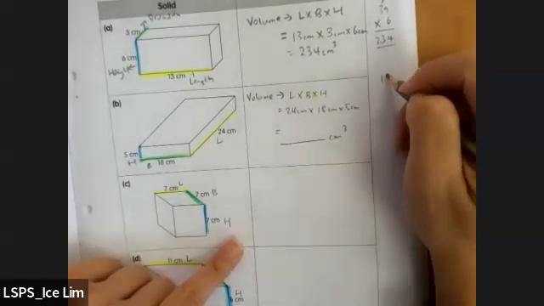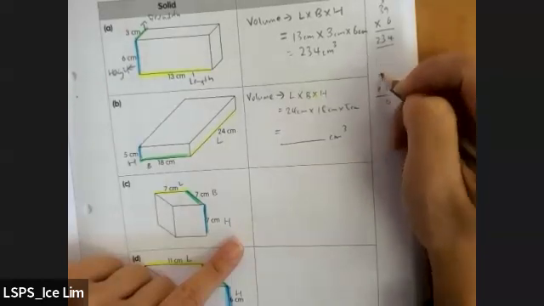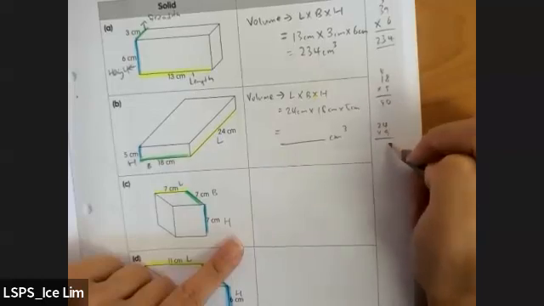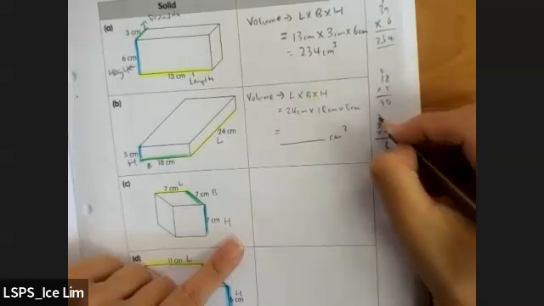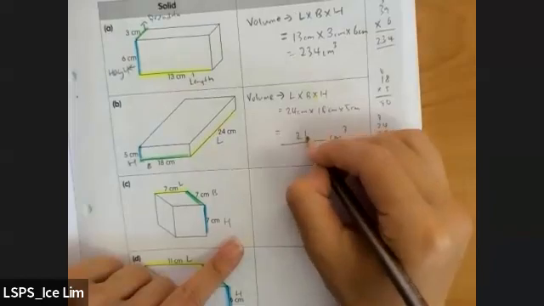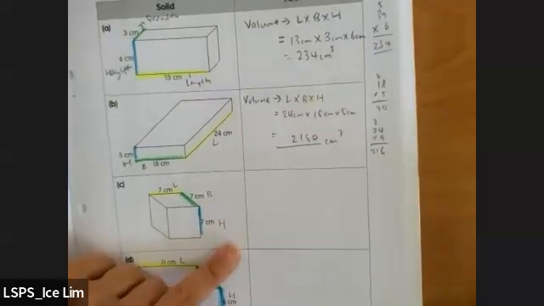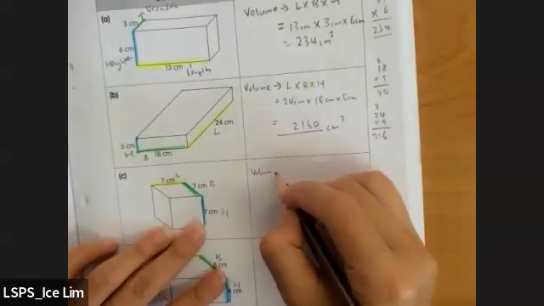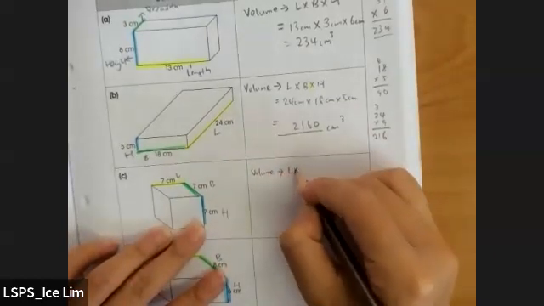Okay, for me, I'll do 18 times 5 first to get 90. And from 90, I can just do 24 times 9, which gives 2,160. And then the volume for the next one: length times breadth times height.